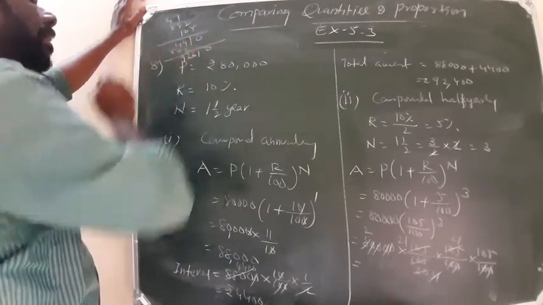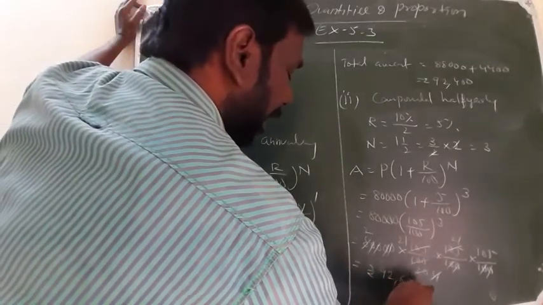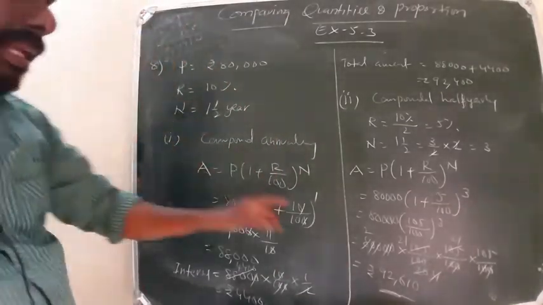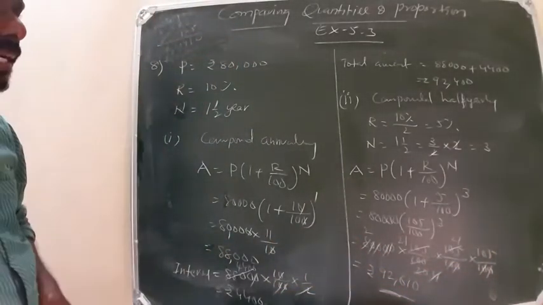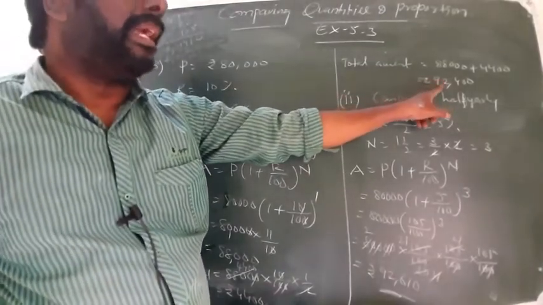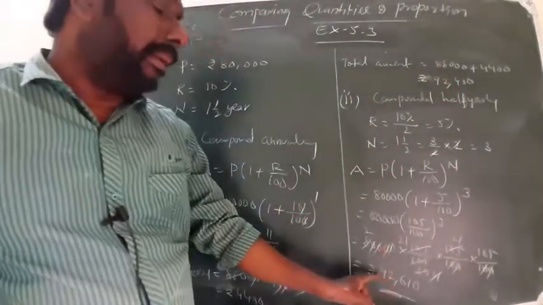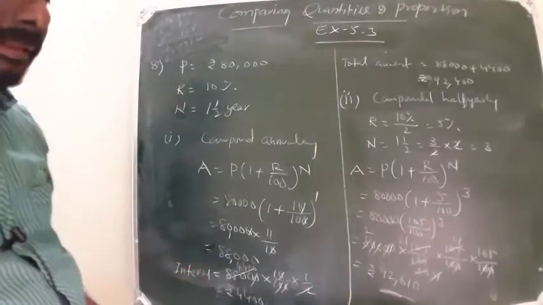If you multiply this, you can get rupees 92,610. Compounded annually you will get 92,400. Compounded half yearly, 92,610 rupees you will get.